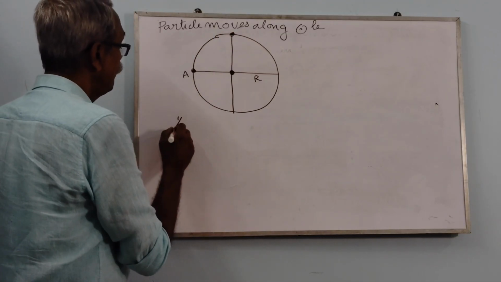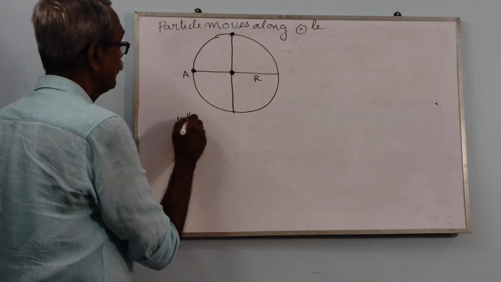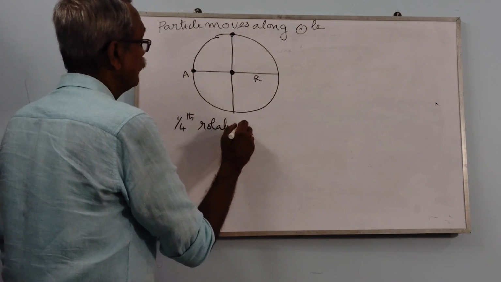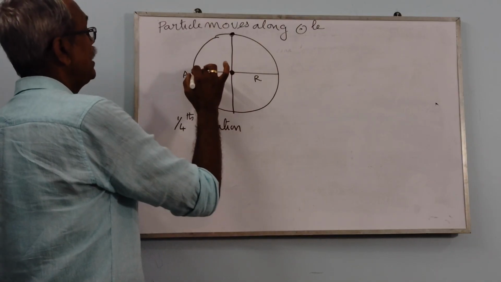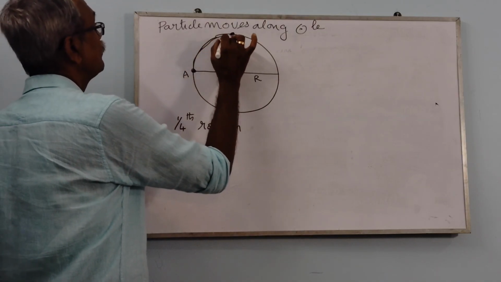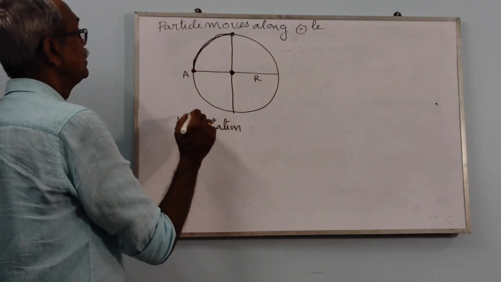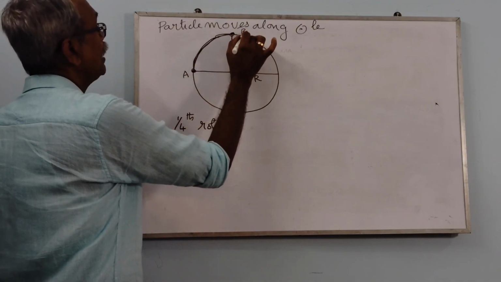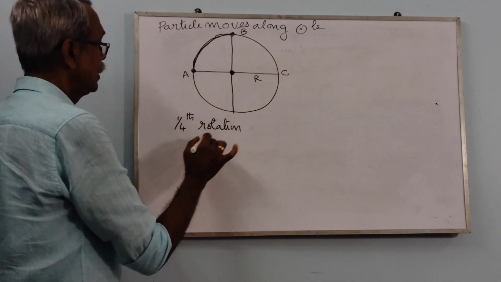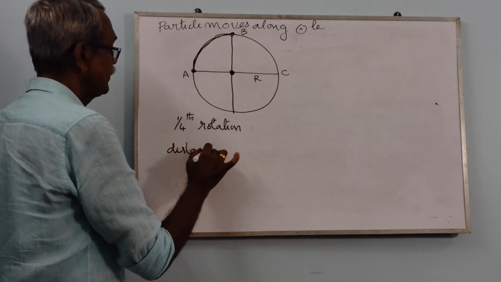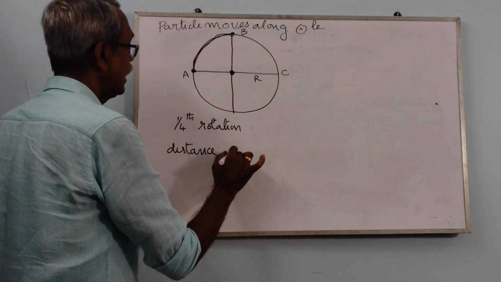So, for 1/4 of a rotation, quarter rotation, distance will be this arc length. Distance is the arc length AB.